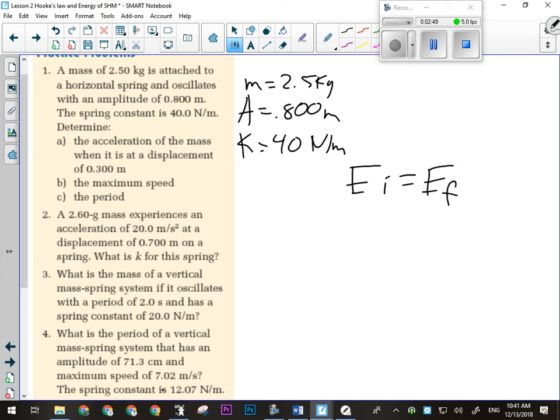All right, so I'm going to have 1/2 kA squared equals 1/2 mv squared. Now I could write x there as well, but they told me what the maximum amplitude was, so I'm going to leave it as A. So I'm going to try and calculate the maximum speed of the object. I'm going to divide both sides by half of m.